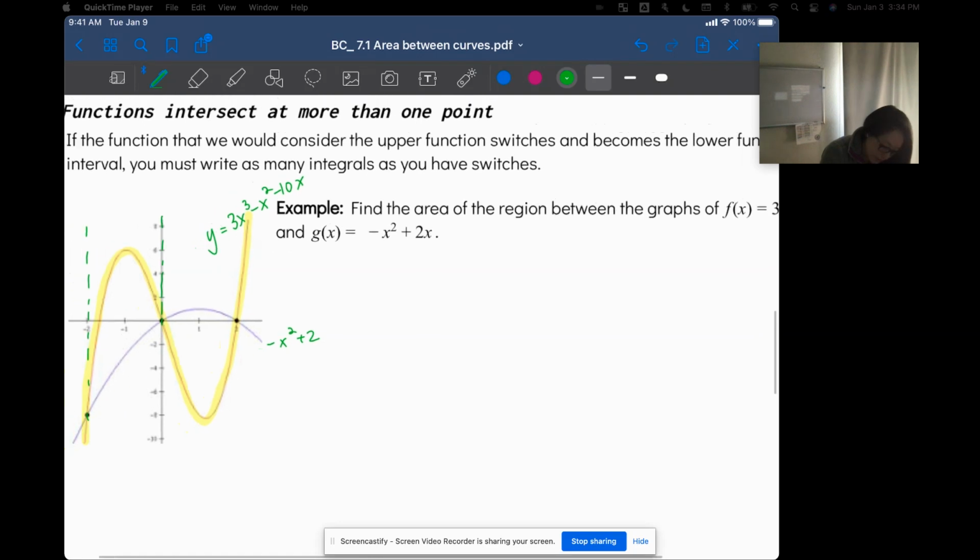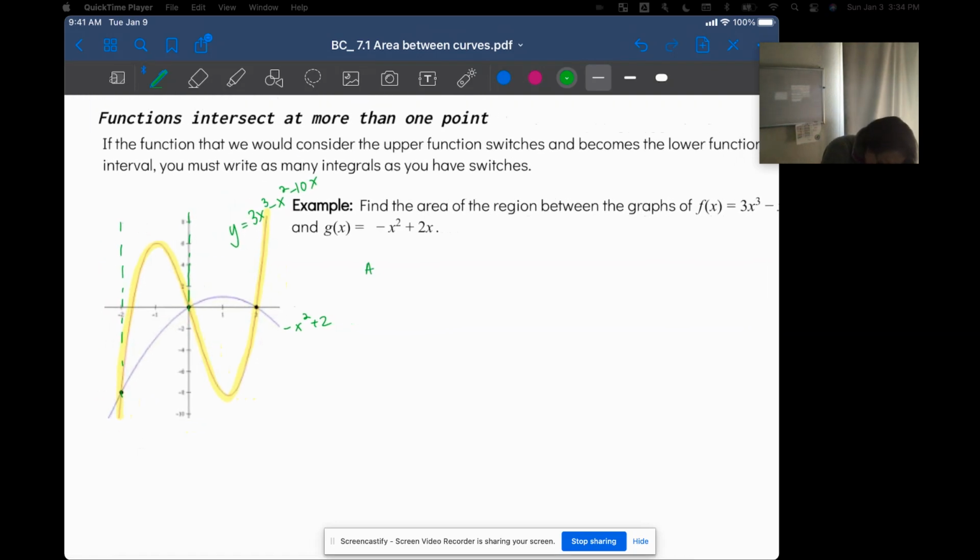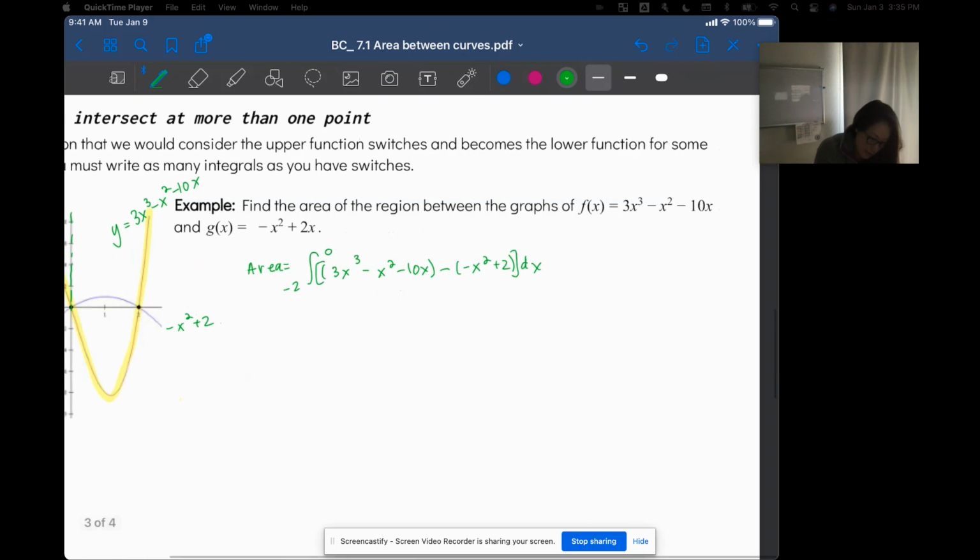So I am going to write this as the area is equal to, from negative 2 to 0, the top function is the cube. So we do 3x cubed minus x squared minus 10x minus the bottom function, which is negative x squared plus 2, and we're talking with respect to x, so dx.